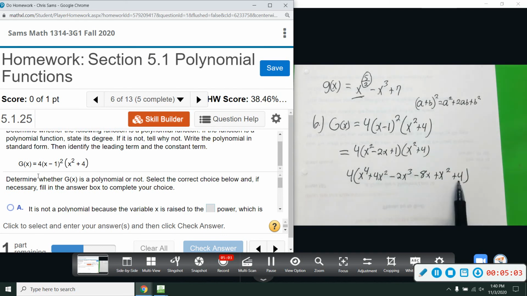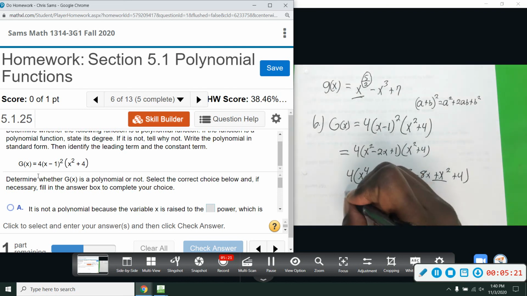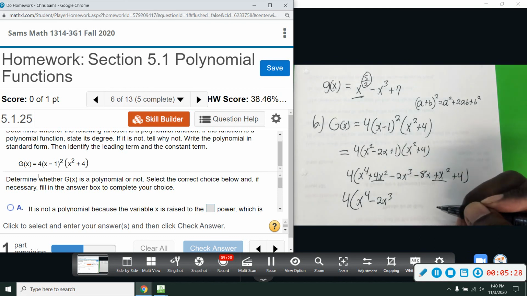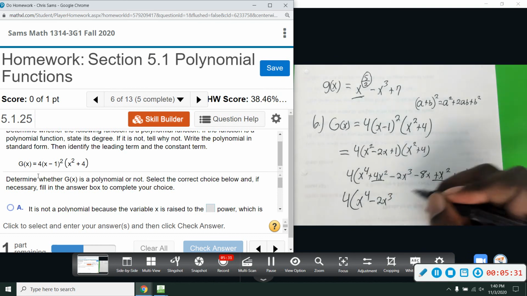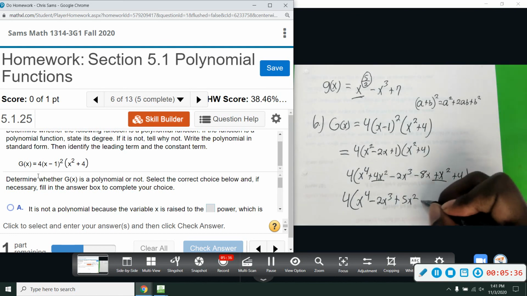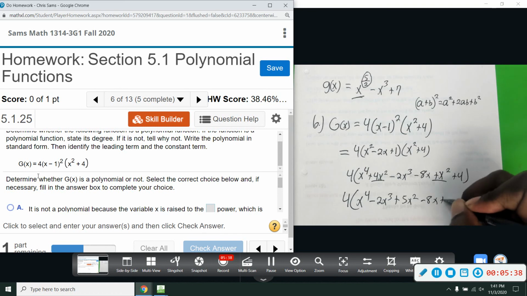All right, so we're going to combine like terms and then lastly distribute the 4. So we have 1x to the 4th, nothing else like that. We have x squared, a couple of terms, and that's it. Only like terms, x to the 4th, 3rd, 2nd, 1st, and nothing else. All right, so 4x to the 4th, and then minus 2x to the 3rd, and then that will give us plus 5x squared minus 8x plus 4.